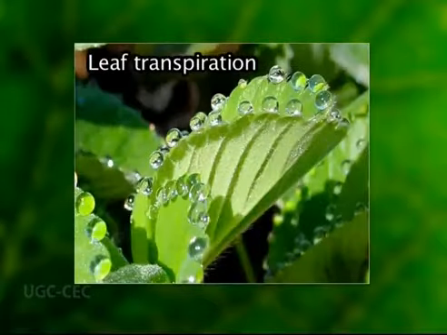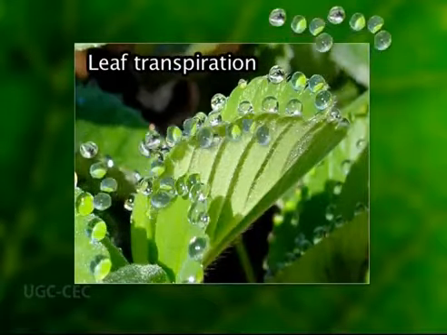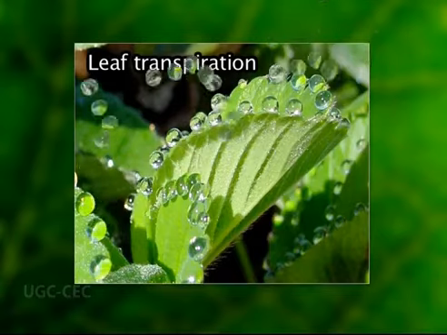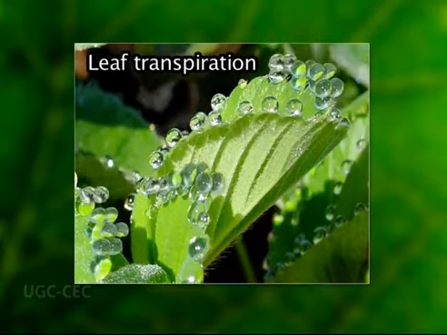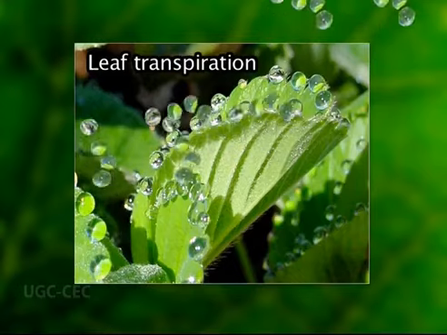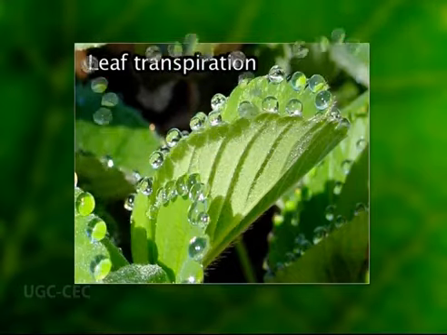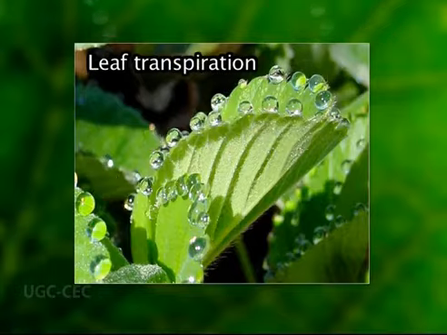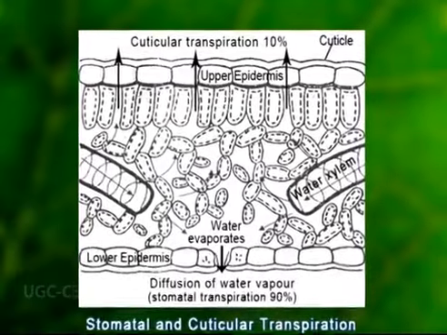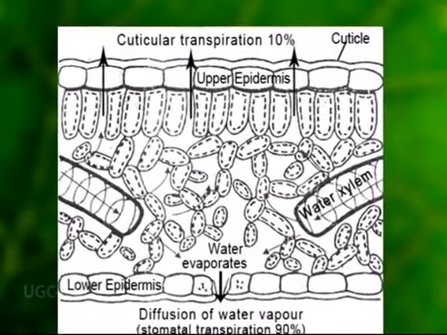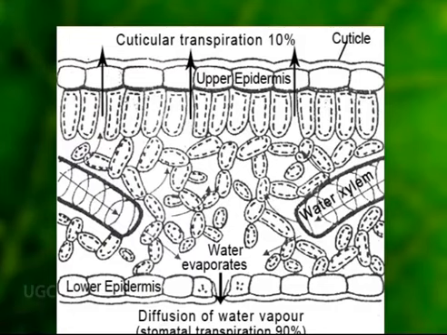Leaf transpiration occurs through stomata and can be thought of as a necessary cost associated with the opening of the stomata to allow the diffusion of carbon dioxide gas from the air for photosynthesis.